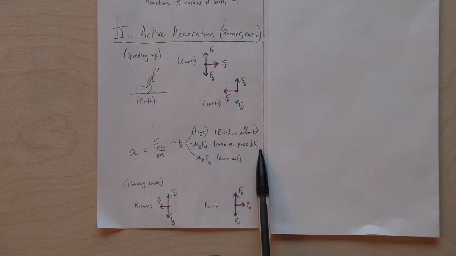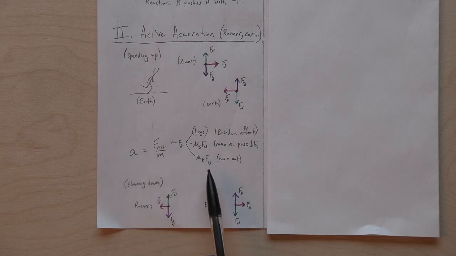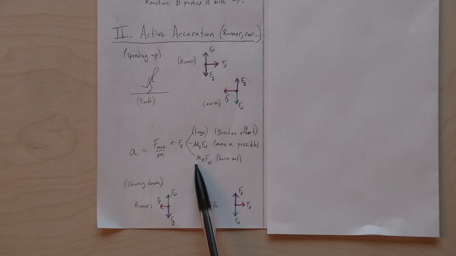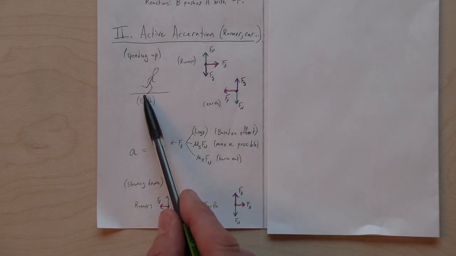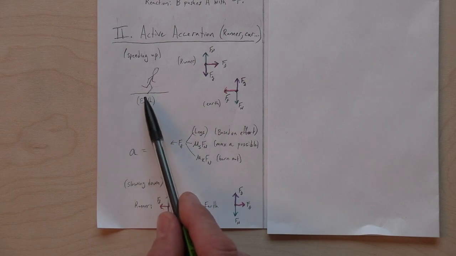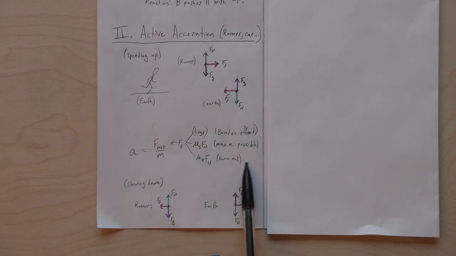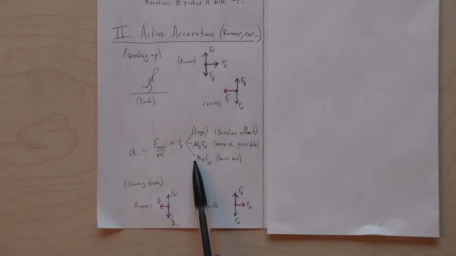This would give you the maximum acceleration possible by using mu static F normal. Plug that in, you'll get the maximum force over mass, which gives you maximum acceleration. Or if the car or the runner burns out, in other words, the engine or the legs of the runner are so strong that they push back with more force than friction can push back with, or the Earth can push back, then no matter how strong the engine or the legs are, the forward force is going to be mu kinetic times F normal.